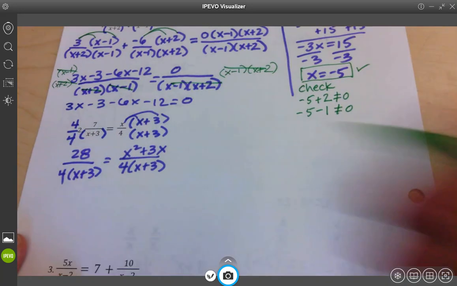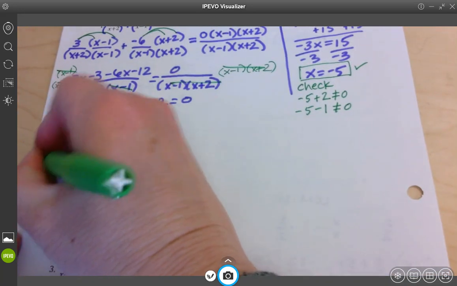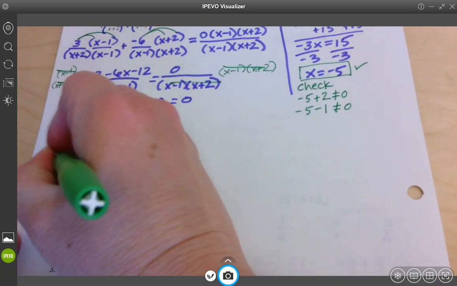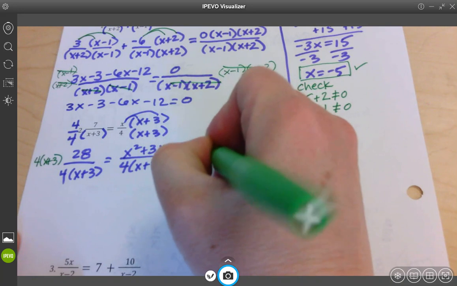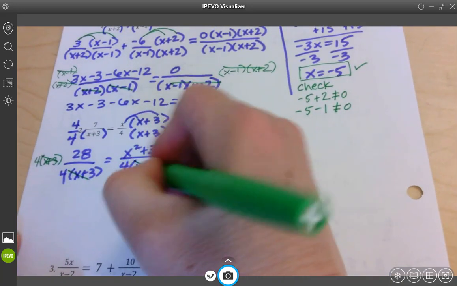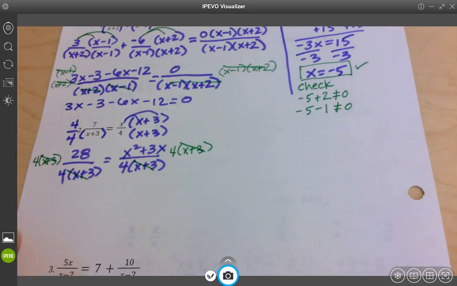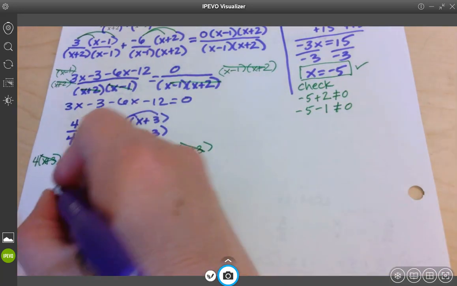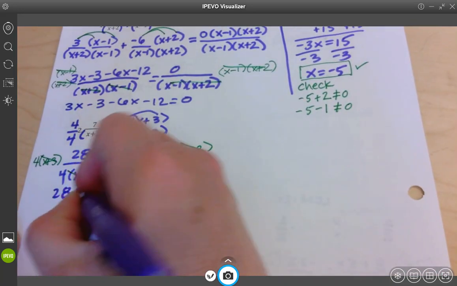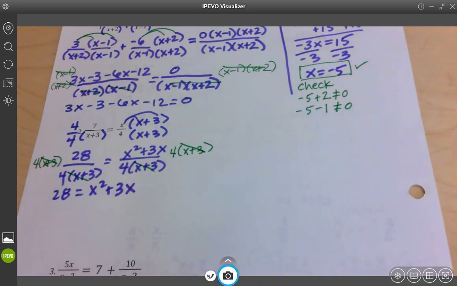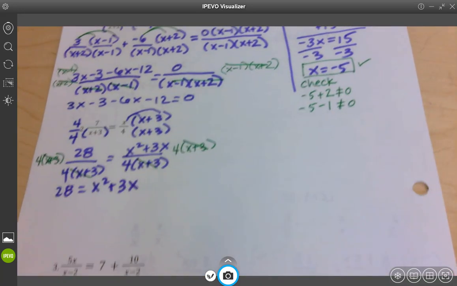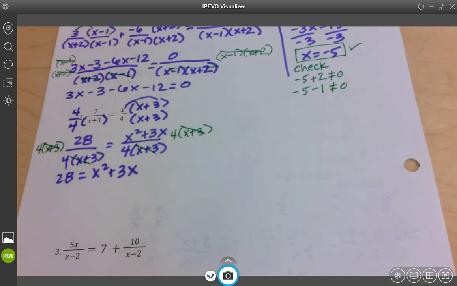So we're going to multiply by 4 times x plus 3 on both sides of the equation. All right, so we have a much simpler equation now.